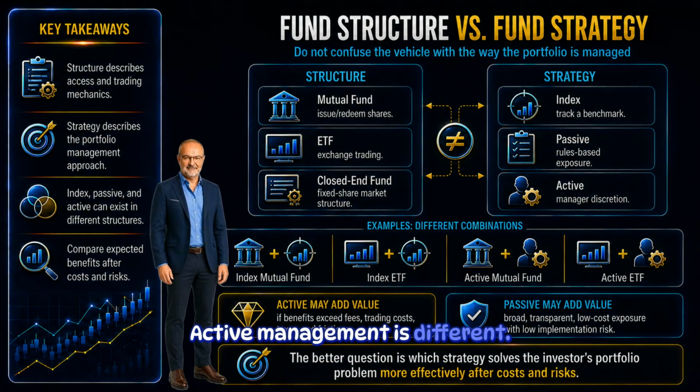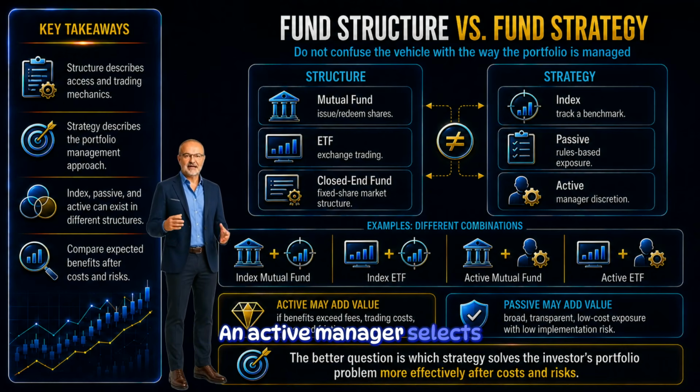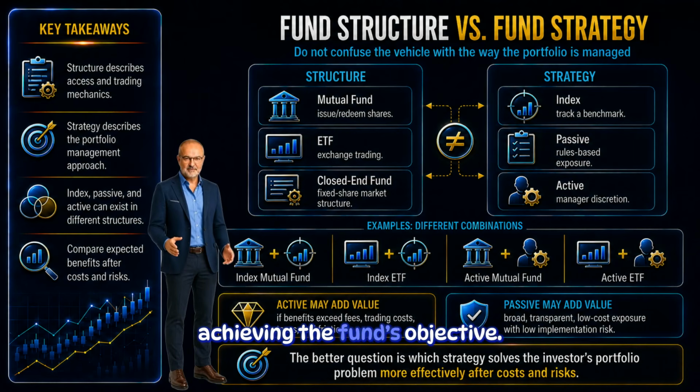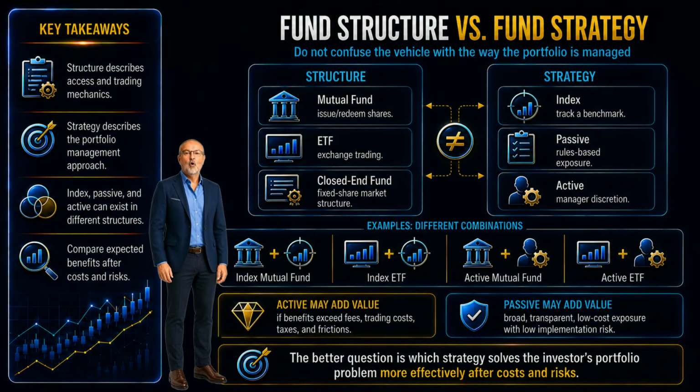Active management is different. An active manager selects securities or changes exposures with the goal of achieving the fund's objective. Often, that includes trying to outperform a benchmark or manage risk differently from the benchmark.